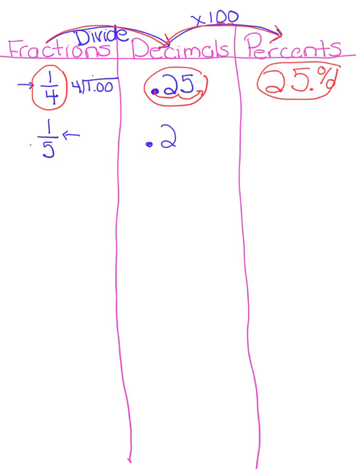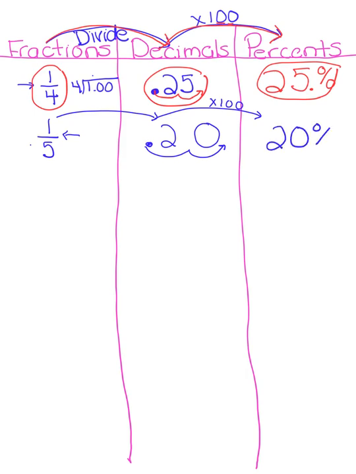And in order to convert that decimal to a percent now, you're going to multiply by 100. You can do that on your calculator or simply move the decimal 2 places. We have to add a 0 to hold that last place. So that means as a percent, it's 20%. And the decimal is behind that significant 0.